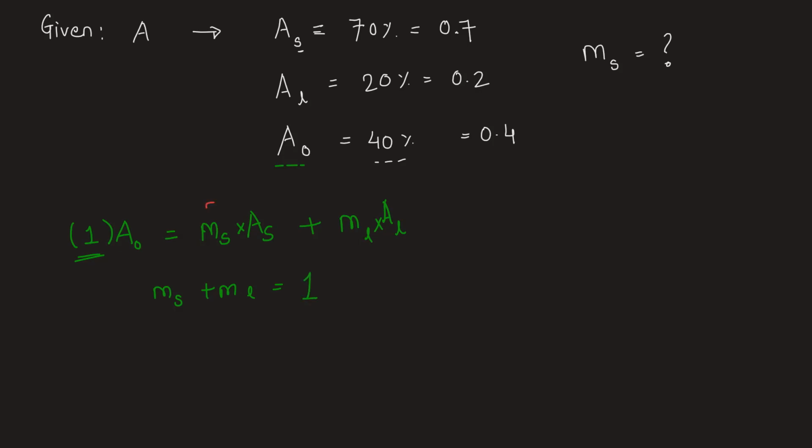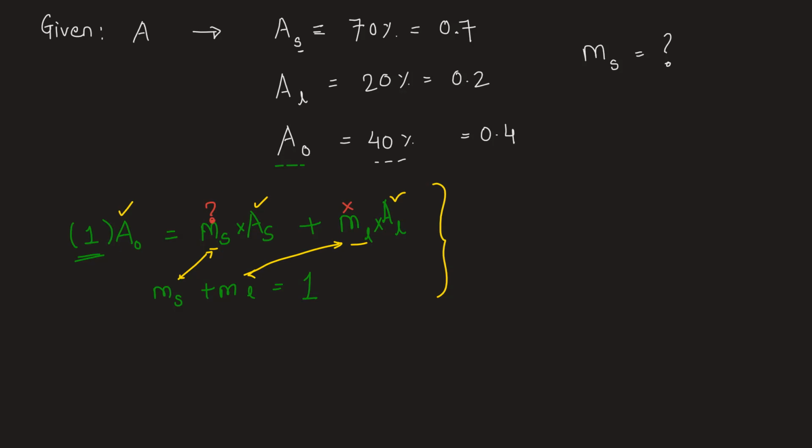Now we need to find out MS here. We also don't know ML, but we know all other things, A0, AS and AL. Now these are our two simultaneous equations because MS and ML have the same values in both the equations. Therefore they are simultaneous equations and we can solve them as a simultaneous system of equations.